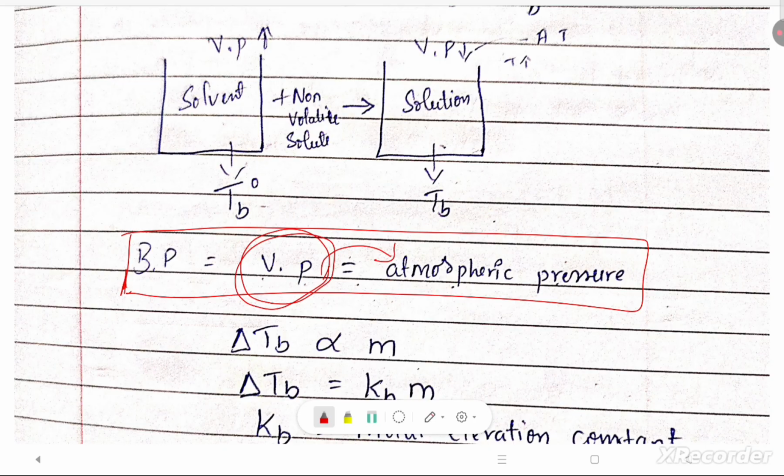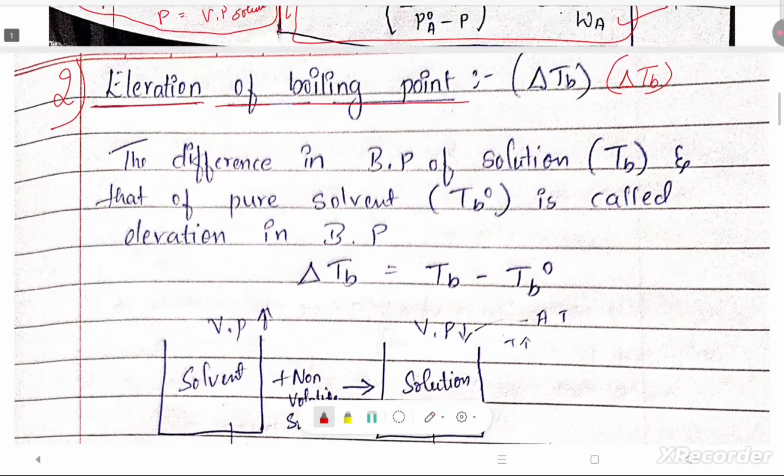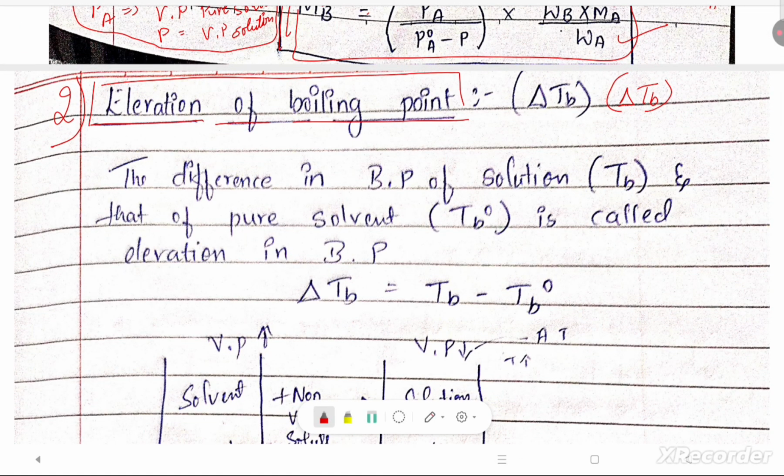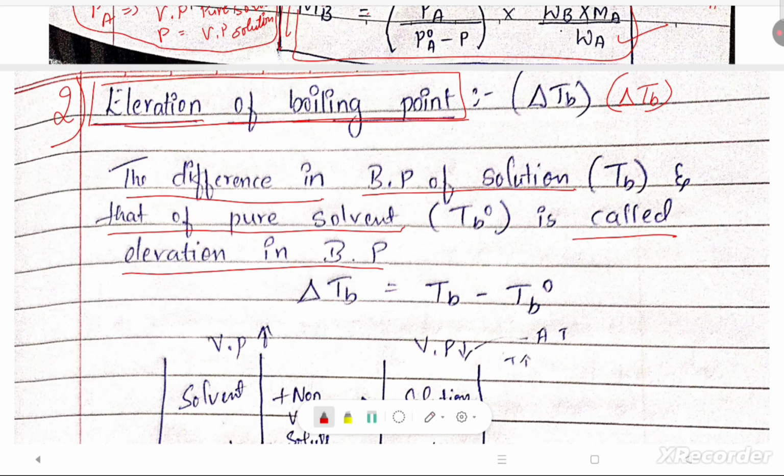When vapor pressure becomes equal to atmospheric pressure, at that time you get the boiling point. Understood? So now we'll see the definition of elevation of boiling point. The difference in boiling point of solution and that of pure solvent is called elevation of boiling point.